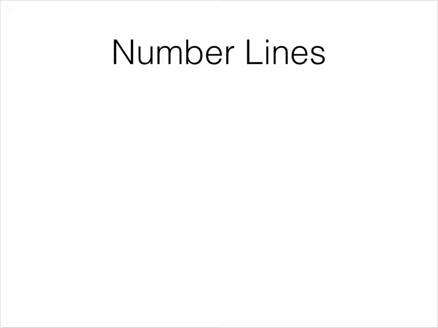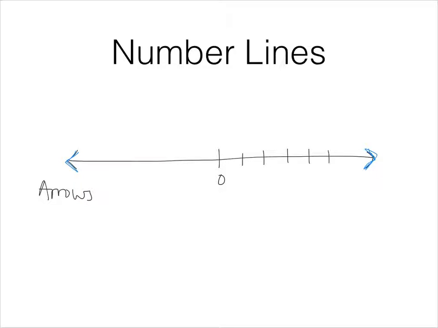Alright, in number lines, if we were to draw some number lines, there's some important parts of a number line that we have to keep track of. So on a number line, we're always going to have arrows at the end of our number line. So you'll notice I have arrows here and arrows here. That tells me that my number line continues, but that I'm just looking at a small piece of it. And then my numbers on the number line, so let's say I start with 0. My numbers and my spacing should be pretty similar.